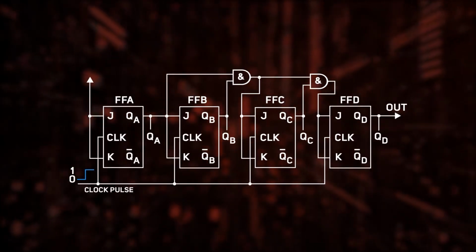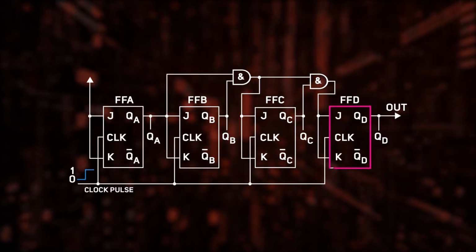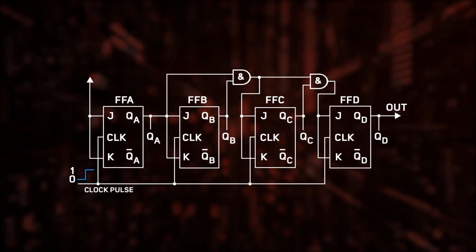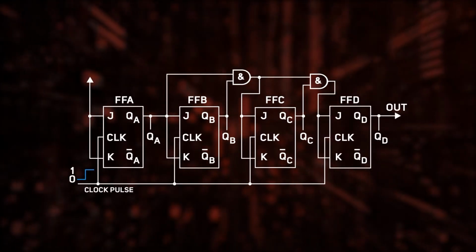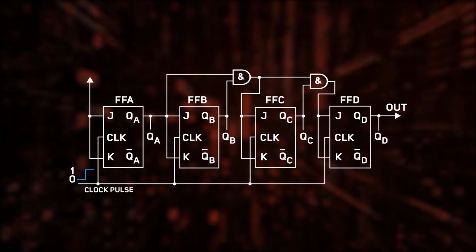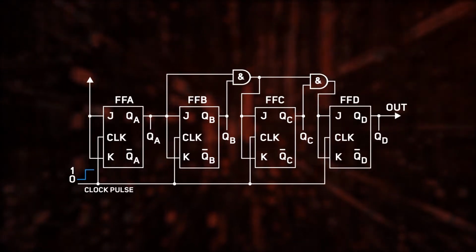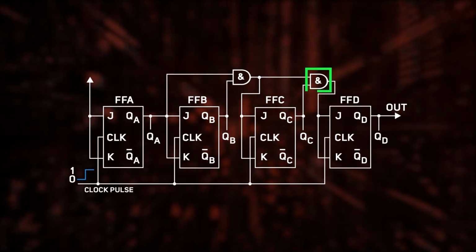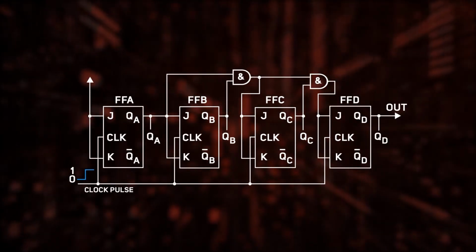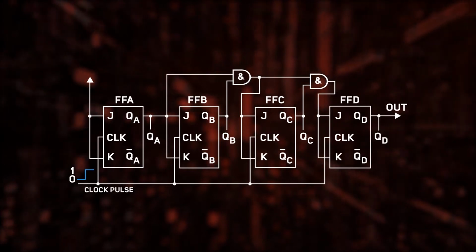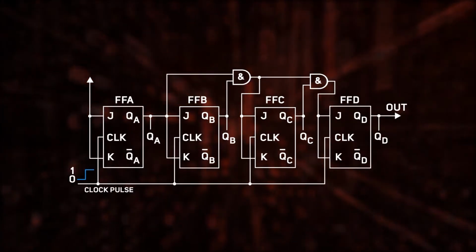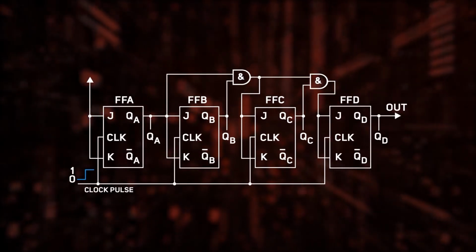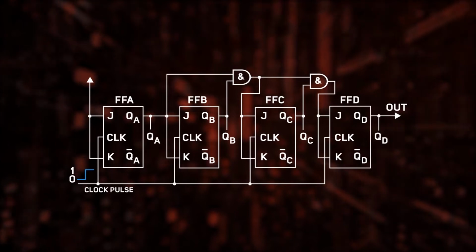What about the higher order flip-flop FFD? This is the flip-flop which stores the most significant bit, or MSB. It should toggle only if FFA, FFB and FFC have 1 inside it. To ensure that, here also an AND gate is inserted with the inputs as the output of the previous AND gate and the output of flip-flop FFC. When we take the input from the previous AND gate, we are ensuring that the lower order flip-flops are at level 1.